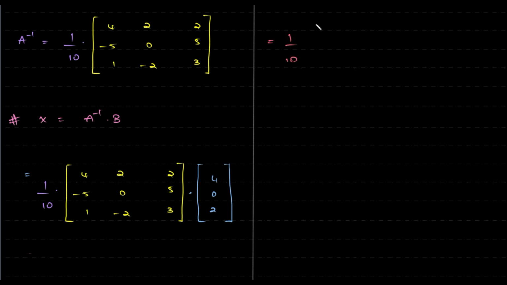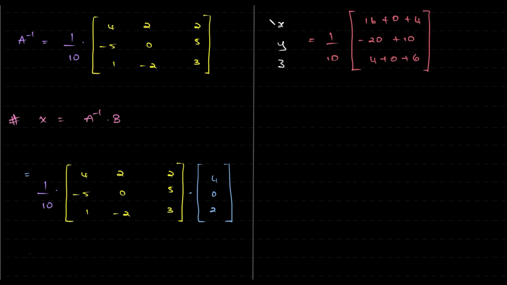So we have 1 by 10, and then we have 4, 16, 0 and 4, all of these added. Then we have minus 20 plus 10, then we have 4, 0 and 6, all added. And finally on the left hand side we always had x, y and z that we can compare with.